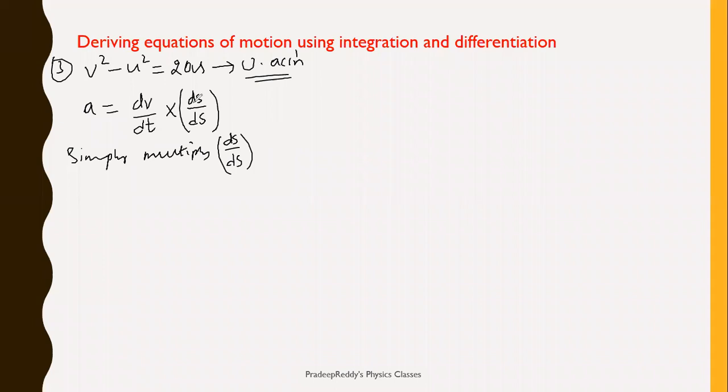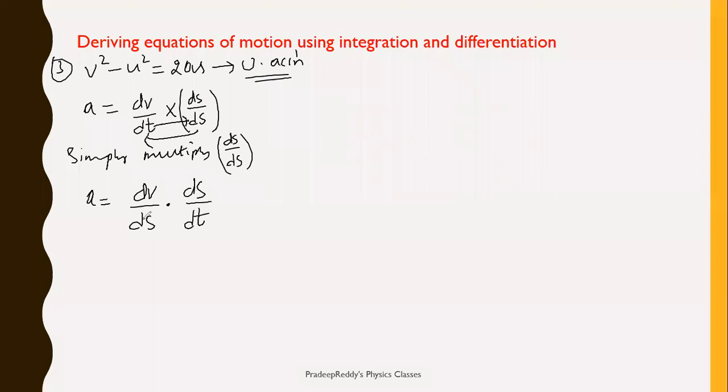So if you multiply with this, what do you get? You can write it as a is equal to dv, simply bring this ds to the other side, dv by ds into ds by dt. Right? I can just shuffle this. ds comes here, dt comes here.